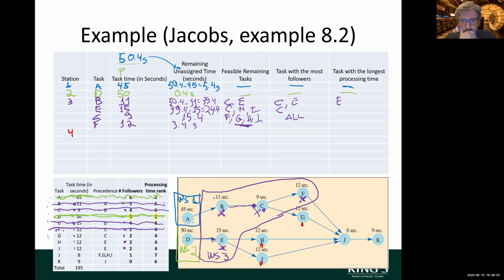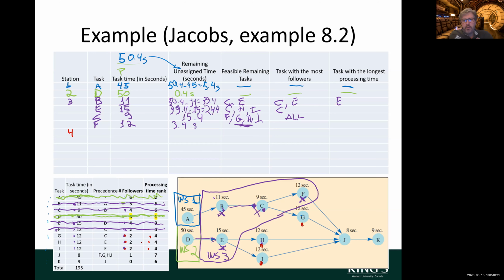G, H, and I. So what do I do right now? What would be my solution? They are all number 4 in the processing time rank because they take 12 seconds. They have the same number of followers.